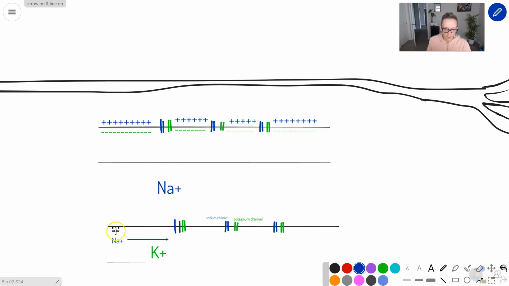It doesn't take that long. So now this is flopped. The membrane potential is now positive there on the inside. Here it's on the outside still. Here it's on the outside. Because now there's a bunch of sodium in addition to these potassiums. And that means over here now it's relatively negative.